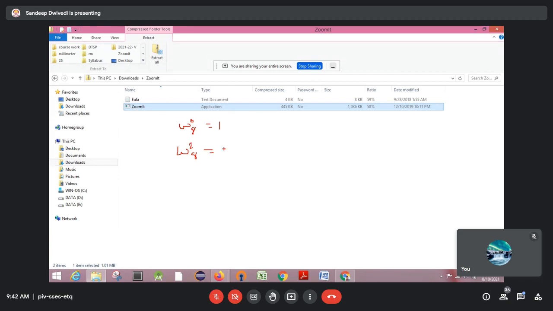So you need to calculate that, that is e raised to power minus j 2 pi upon capital N. Capital N is 8 because it is an 8 point DFT and the value of k is 2. So this 2 and this 8 give 4, and this 2 will be simply 2. So this is pi by 2. So this will reduce to e raised to power minus j pi by 2.